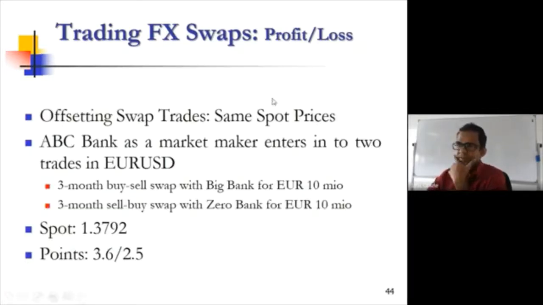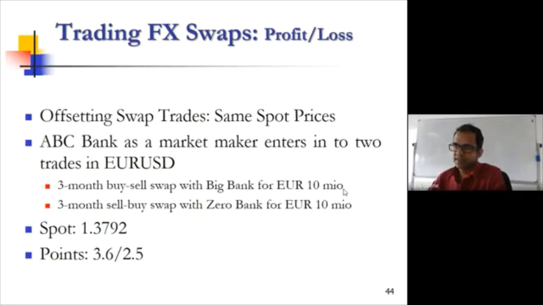So in the example here, there's a bank called ABC Bank. It's the market maker. That market maker enters into two trades in euro dollar. The first one is a 3-month buy-sell swap with a bank called Big Bank for euro 10 million. So what is the agreement?